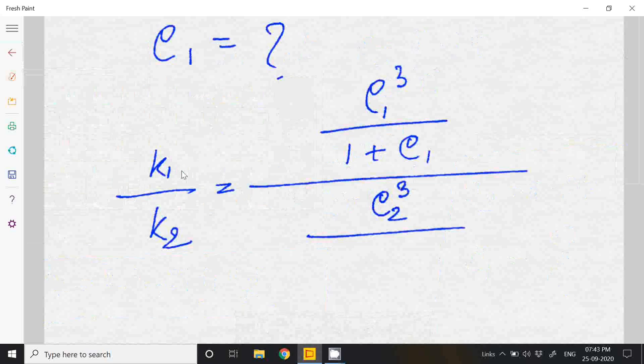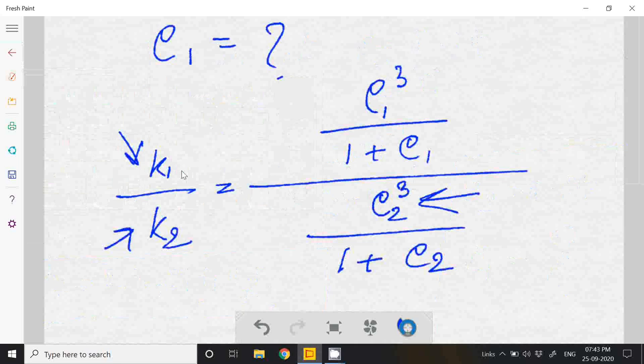Just put the values of K1, K2 and e2, and ultimately you will get the answer of e1. I hope you remember this equation.